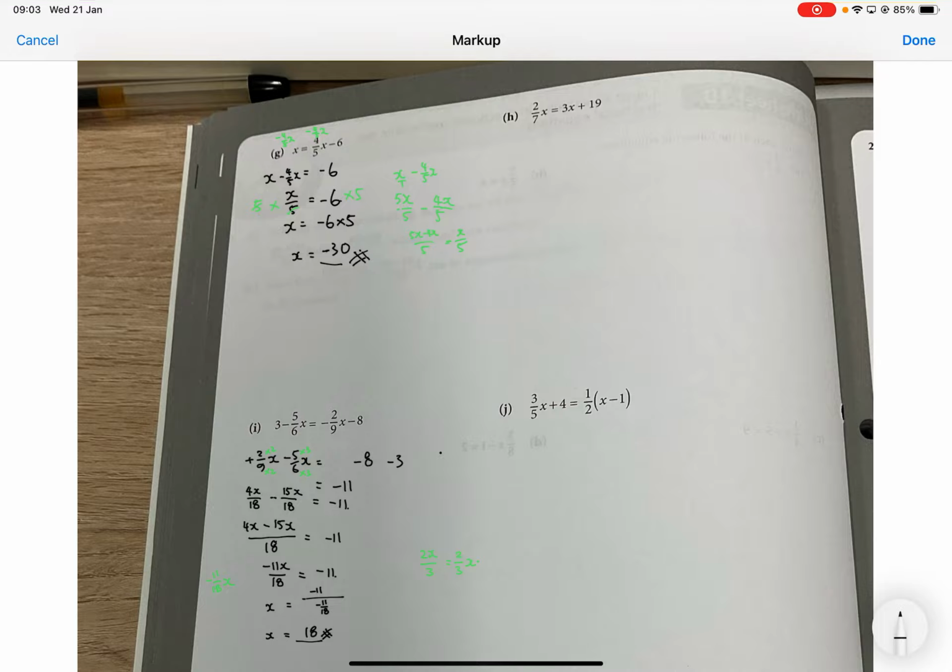How do you get this? x over 5. Because x minus 4/5x. x is 1x. 1x is x over 1. So I want to subtract this fraction, so I must make the same denominator. That's why here I need to multiply the denominator by 5, multiply the numerator by 5.